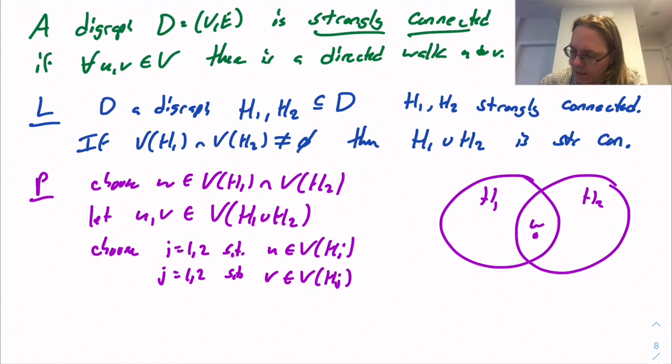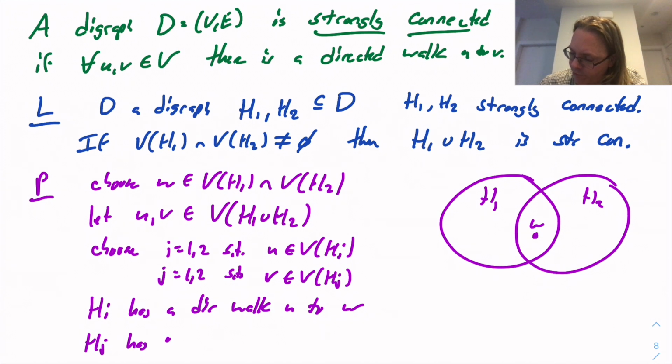And now what we know is HI has a directed walk from U to W. HJ has a directed walk from W to V.